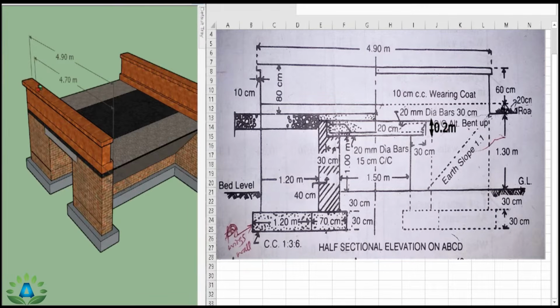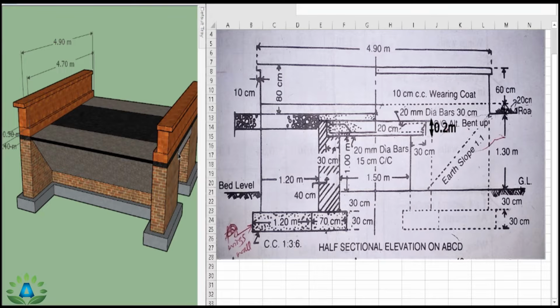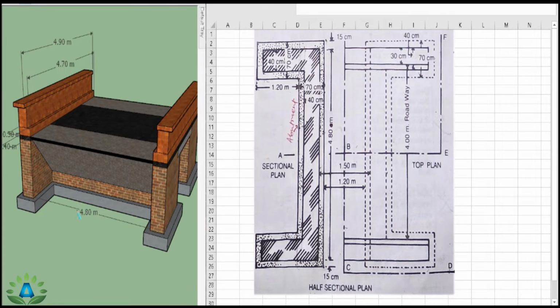And for the length, we have to calculate the total length from this side up to this side. So we have this total outer to outer length 4.8 meter. That means this portion to this portion is 4.8 meter. So we have to write the length equals 4.8 meter.